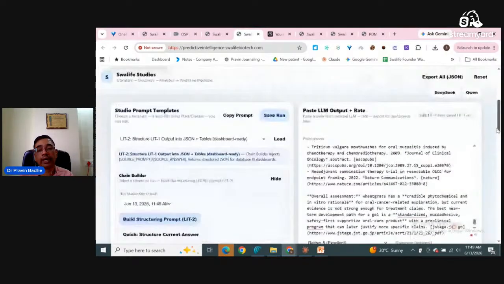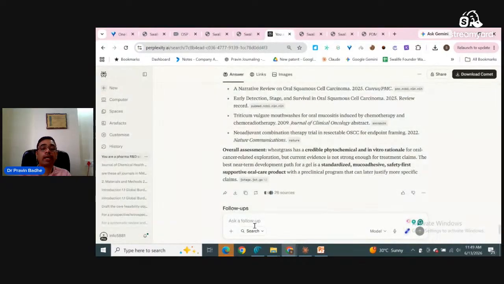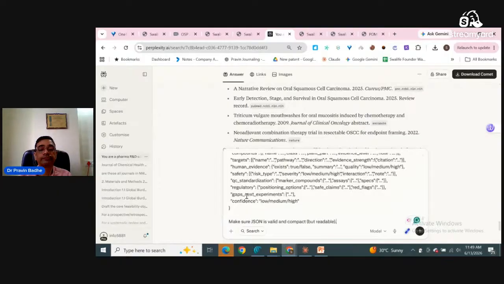So you don't have to manually design the scientific prompt each time while doing your literature review. You then copy this prompt, and then you can go back to the previous, and you are pasting it here and then running it.